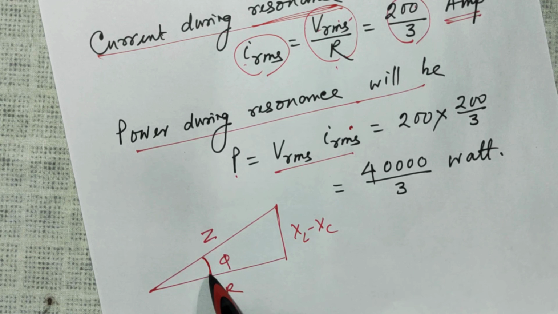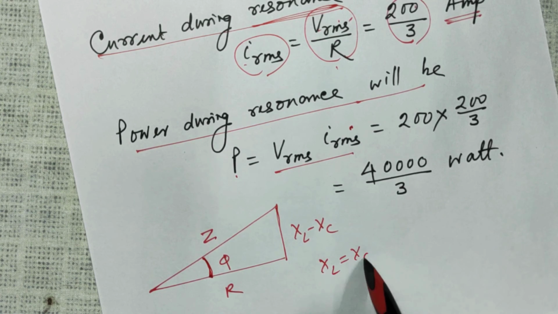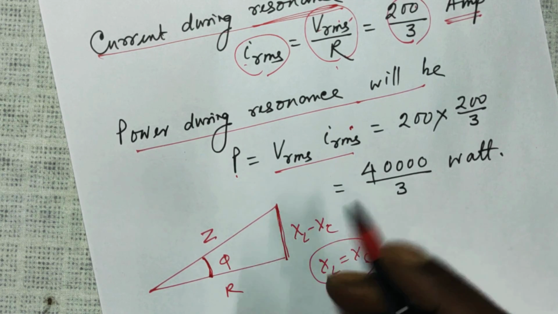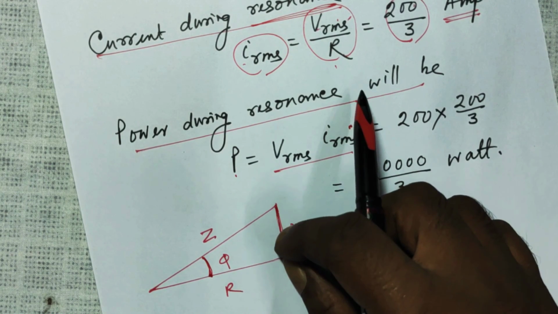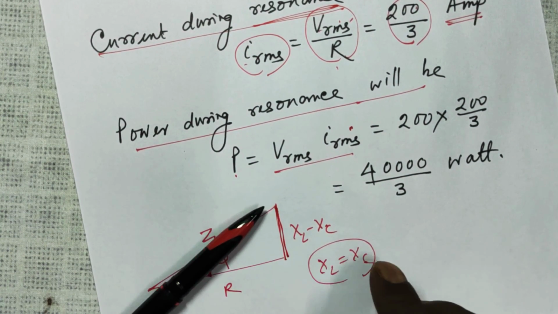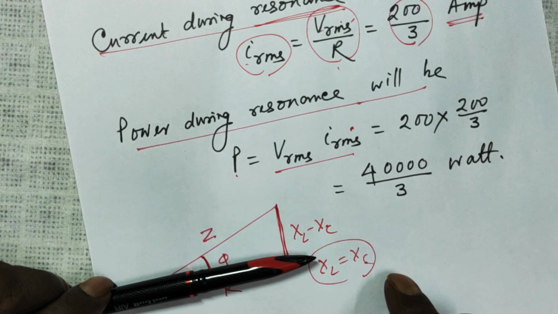When XL is equal to XC, this side representing XL minus XC will be 0. The length of this side will be 0. If the length of this side becomes 0, then this phi will be 0.